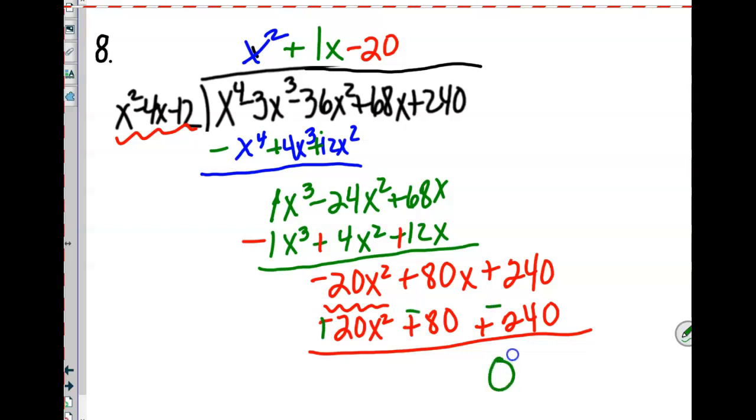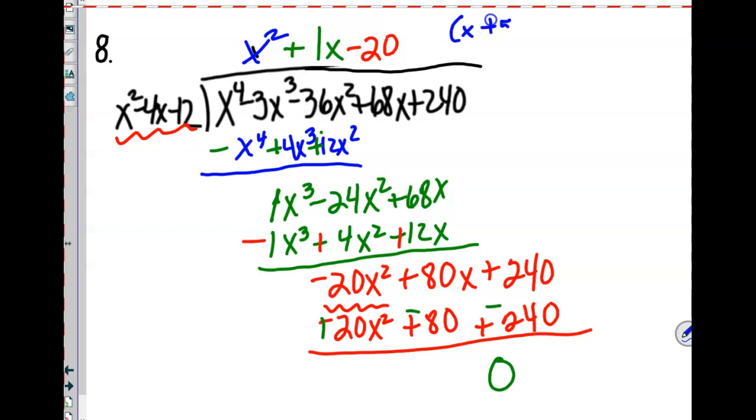All right, the question said completely factor this. Does anyone know where it wanted to go with this now? Exactly, thank you. Because this factors how?